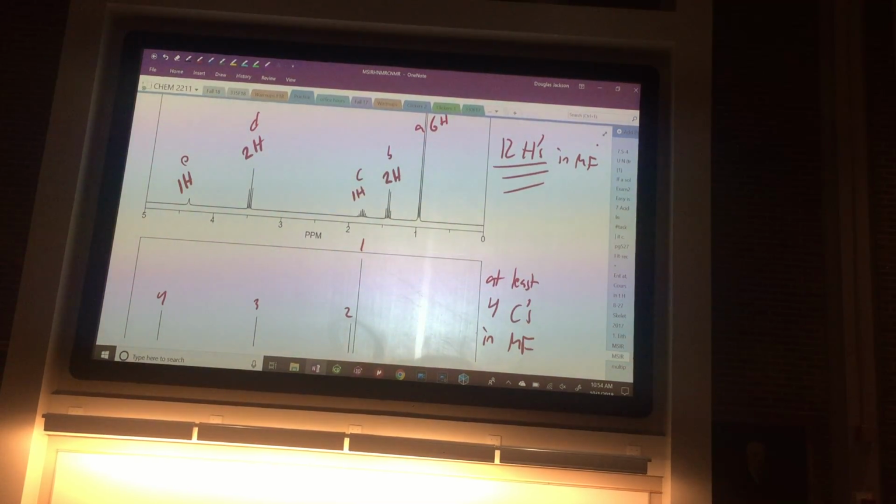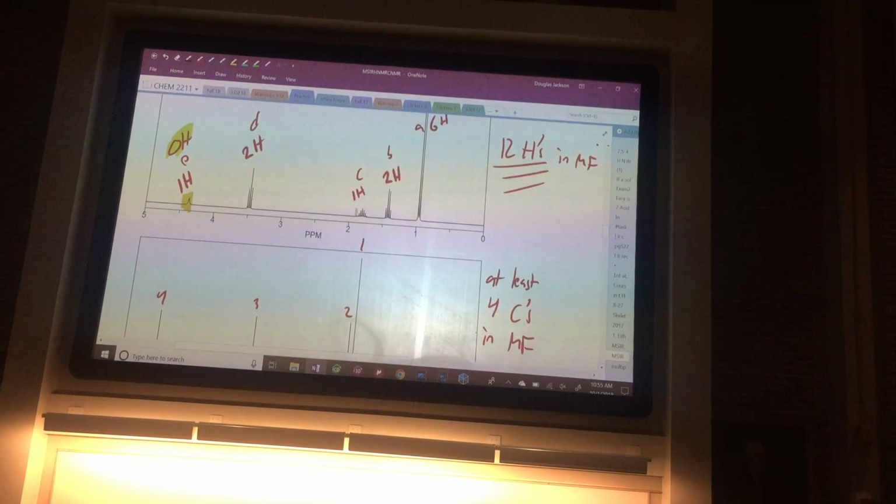Symmetry or no symmetry, I've got 12 hydrogens. And look, there's that OH, a broad singlet. So double evidence for the OH.